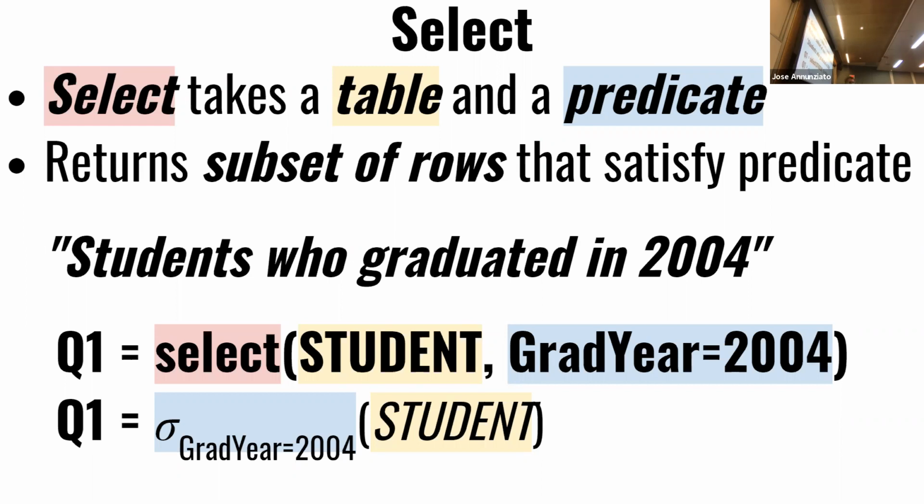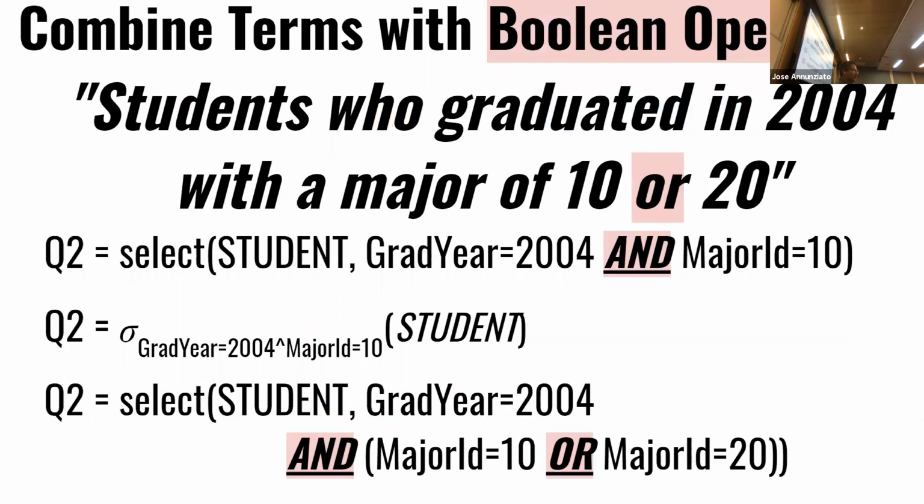Anyway, you should feel familiar and comfortable with using either syntax. Here's just a couple of examples on doing a select on the student and a predicate that has a Boolean expression of two predicates, graduation year 2004 and major ID 10.